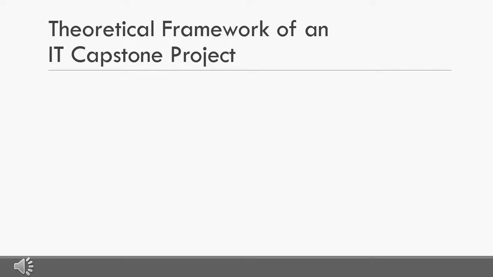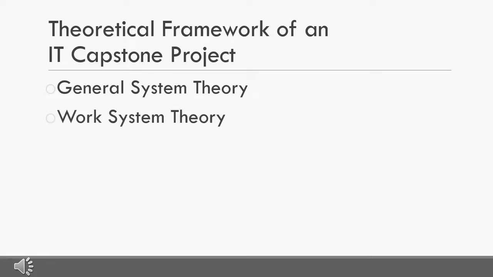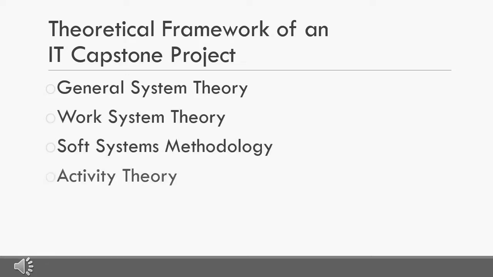It is assumed that this particular research undertaking is anchored on theories relevant to system and technology, such as general system theory, work system theory, soft systems methodology, and activity theory.